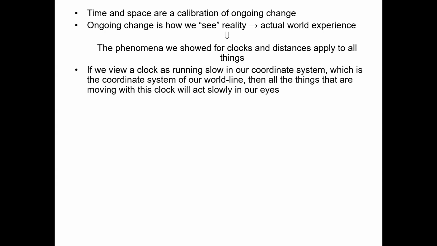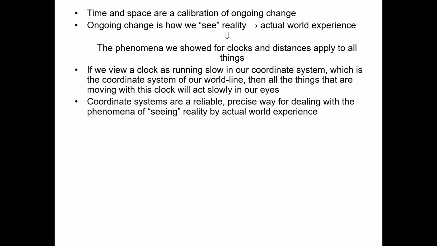So even though I said that coordinate systems do not exist, because we see reality through actual world experience, we view reality in the same way as coordinate systems. Coordinate systems are just a reliable, precise way for dealing with the phenomena of seeing reality by actual world experience.